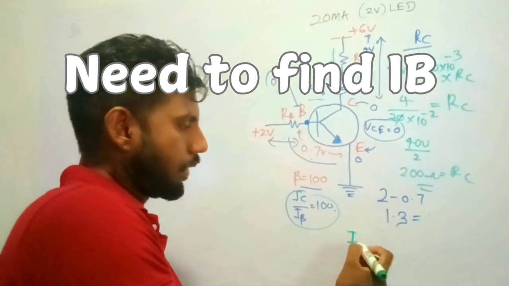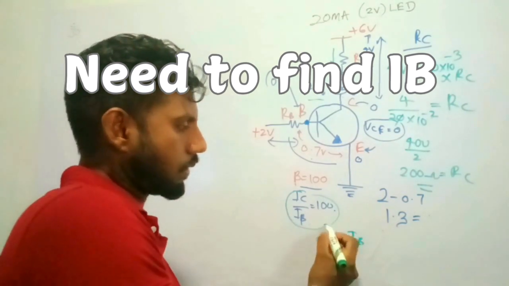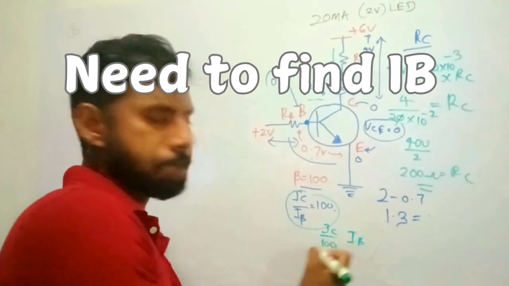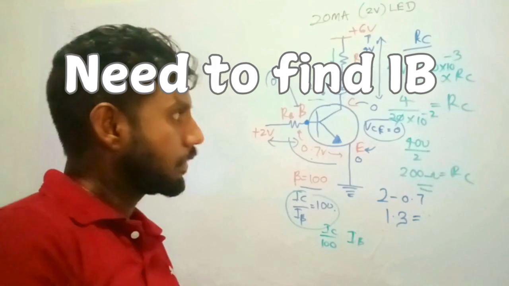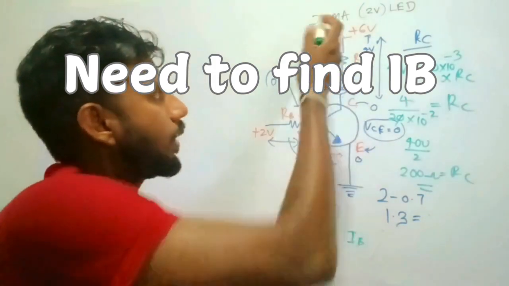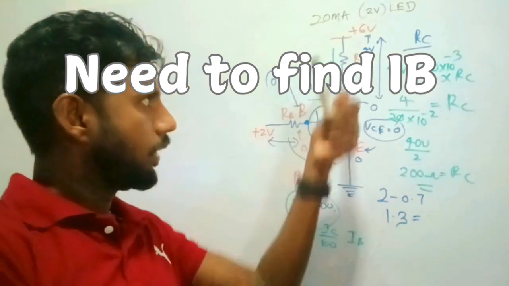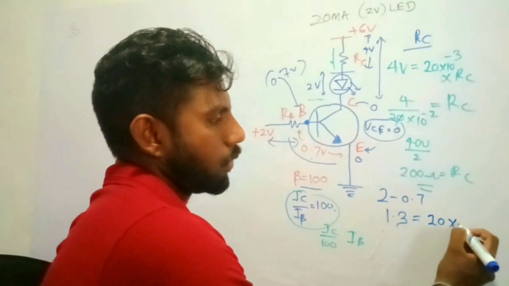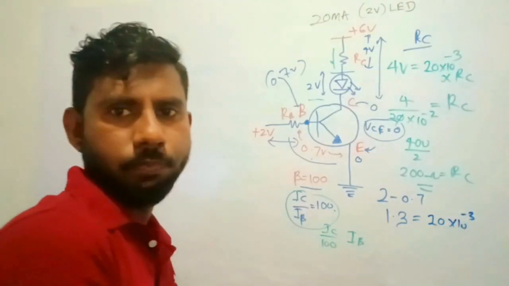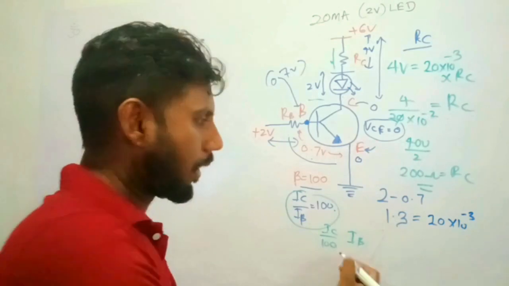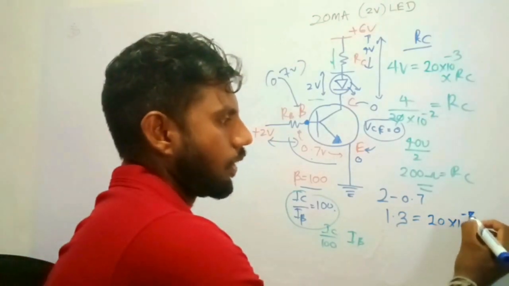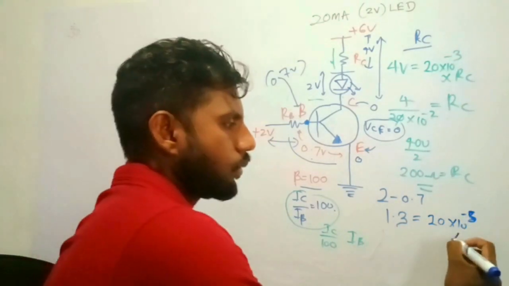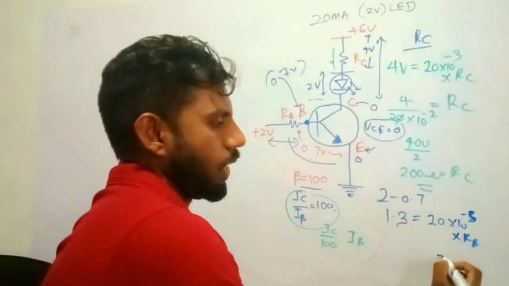So IB equals, from this equation, IC divided by 100. Where's IC? 20 milliamperes current through here. So it's 20 milliamperes, 20 into 10 to the power minus 3, again divided by 100, so it has to be 10 to the power minus 5, that into RB. So we have RB now.